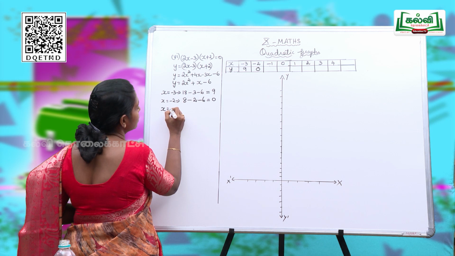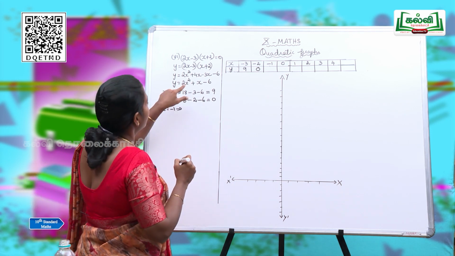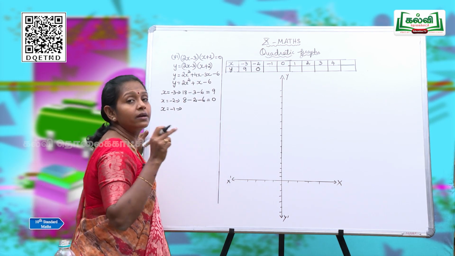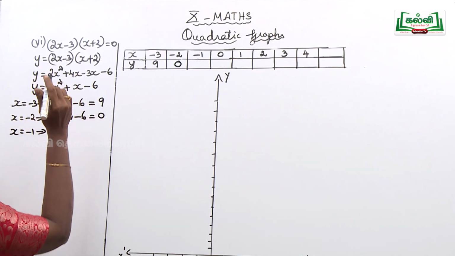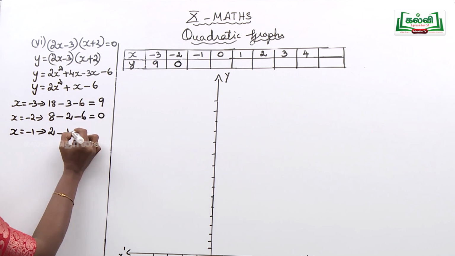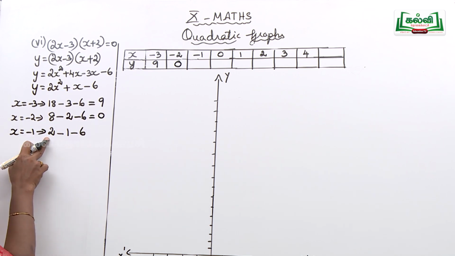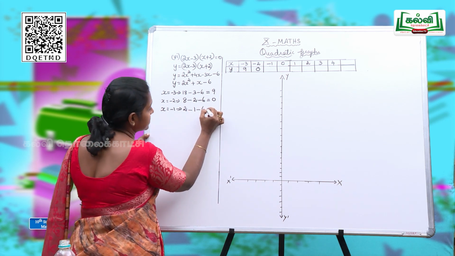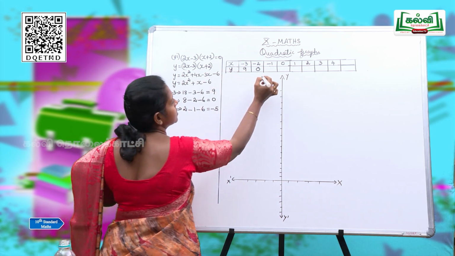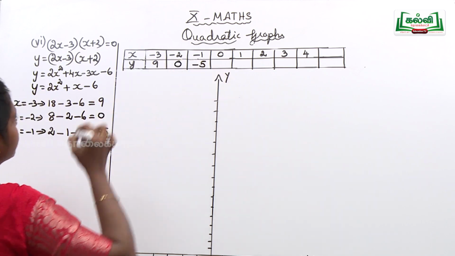Next, x equal to minus 1. Apply here. Minus 1 squared is nothing but 1. 1 into 2, 2. And here minus 1. This is minus 6. So 2 minus 1, 1. 1 minus 6, minus 5. So this value is minus 5.